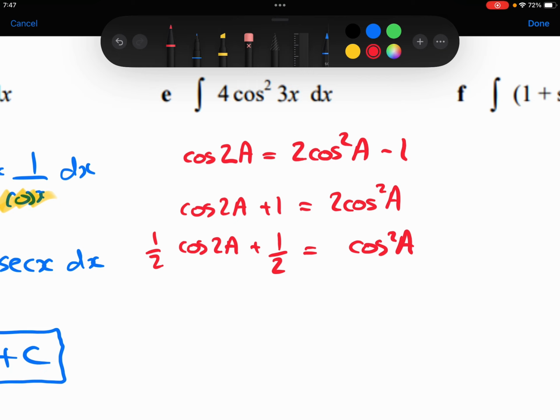However, I've got 4 cos squared, so I'm going to times both sides by 4 because of that. So times by 4 here, times by 4 over here. The 4 times a half is 2. 4 times a half is 2.